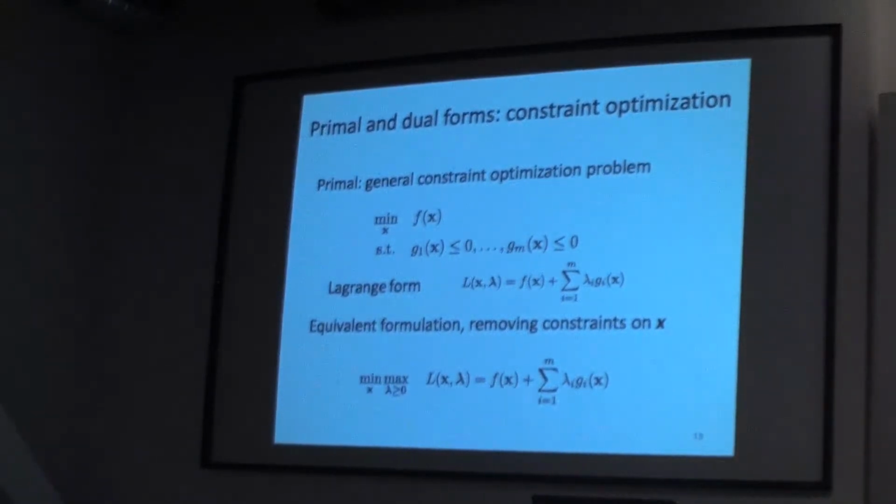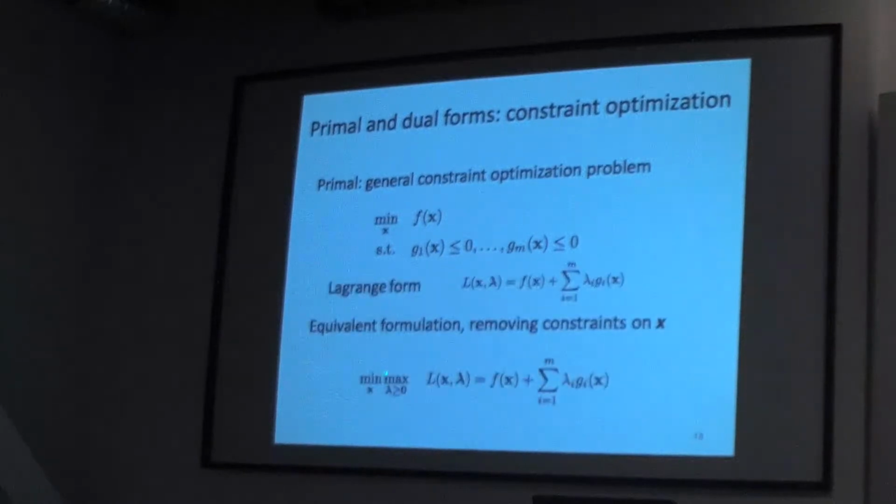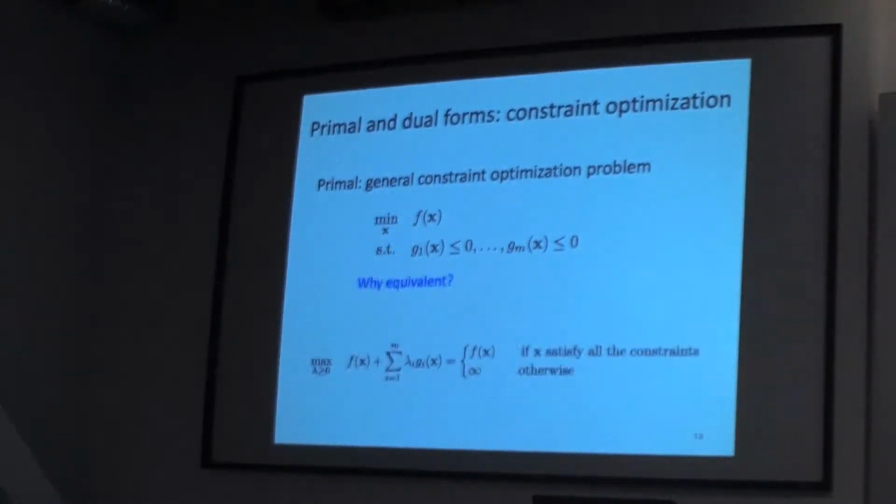But why is this true? Why is solving the original constrained optimization problem equivalent to solving this minimax, where, remember, x has no constraint? X is free now. You only put a non-negative constraint over the Lagrange multipliers lambda. But why are these two equivalent? The reason is as follows. If we fix x in the outer level, then in the inner level our goal becomes maximizing the Lagrange function with respect to lambda, where lambda must be non-negative.